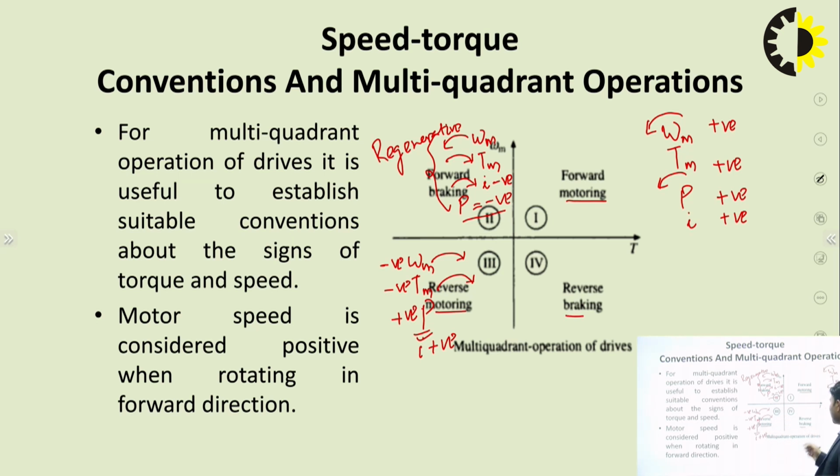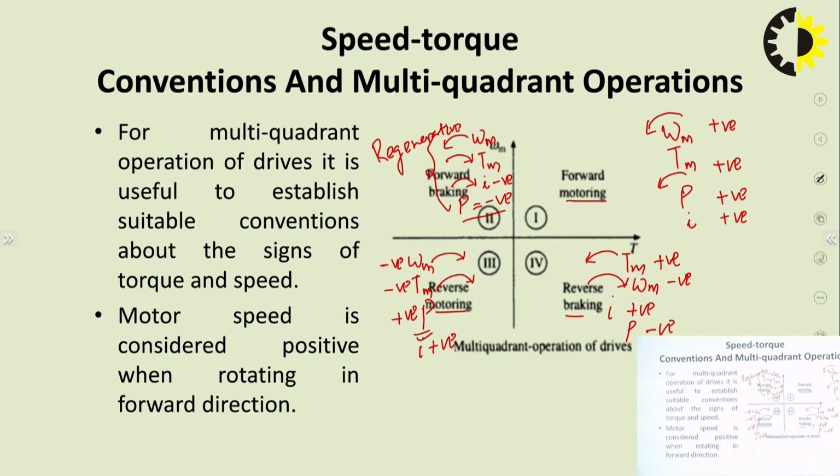Similarly, in the reverse braking mode, the direction of motor torque is positive, but the direction of speed is negative, so current has to be positive, and therefore the output power is negative, and it is the braking mode.